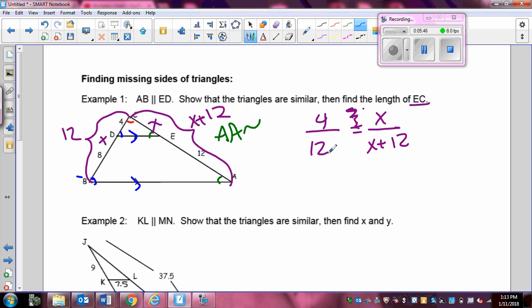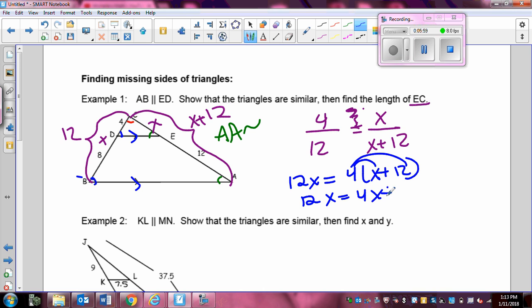This looks really nice. So 12 times x is 12x, equals 4 parentheses x plus 12. Now I'm going to distribute my 4. 12x equals 4x plus, and then if you get your handy dandy calculator out, 4 times 12 is 48.